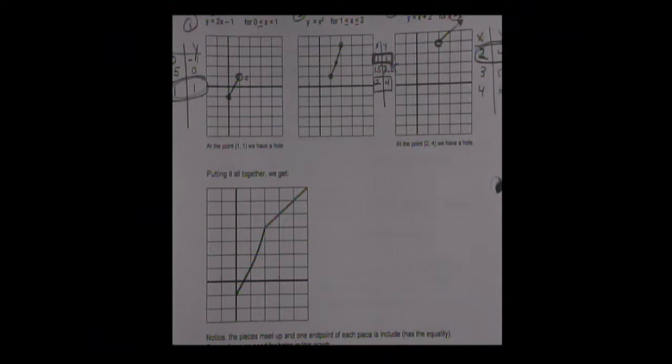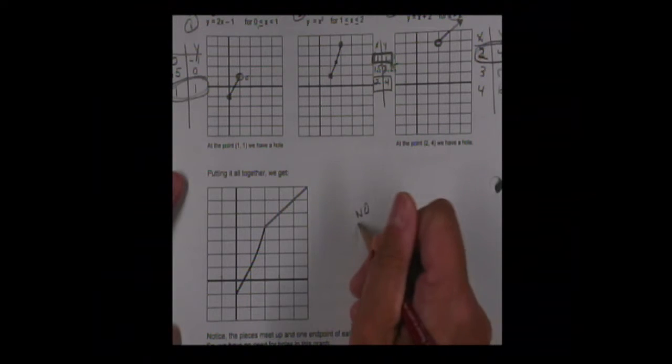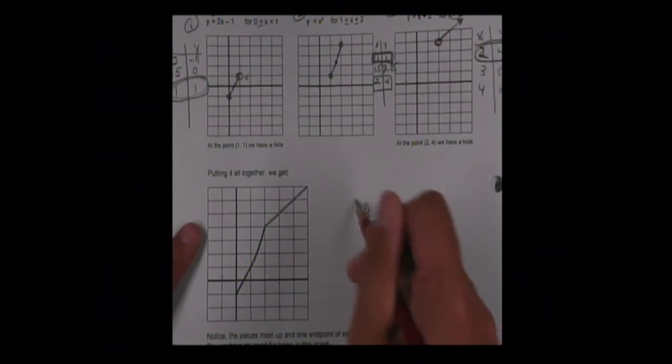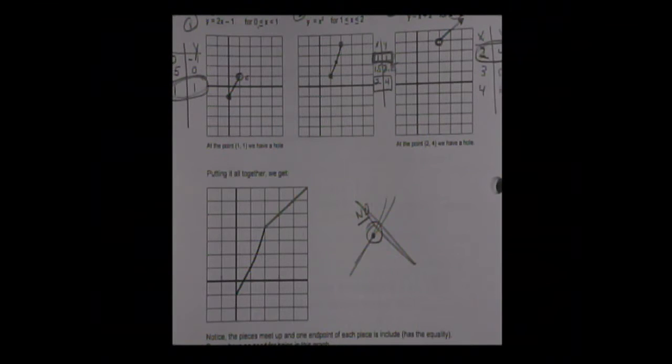So if you have a closed circle and an open circle, the circle's closed. So brown eye, blue eye, brown eyes we all have. Closed circle is the dominant feature. Please do not do this. Don't draw a closed circle with an open circle around it. No, bad. No eyeballs, please. So we graph that.